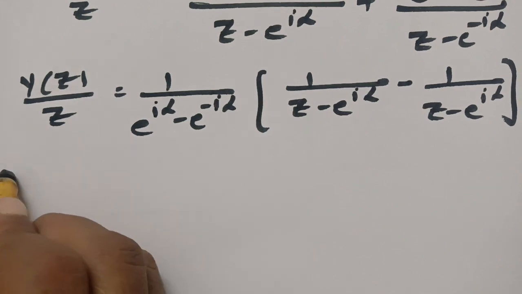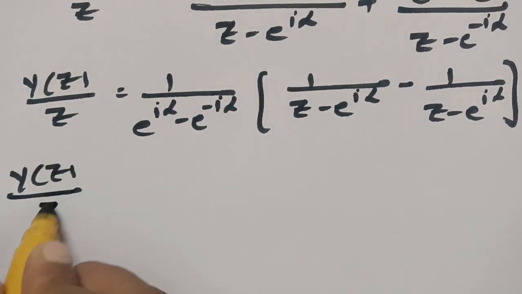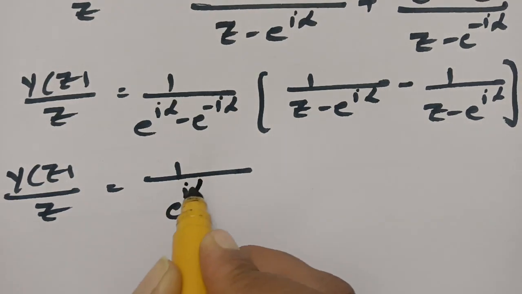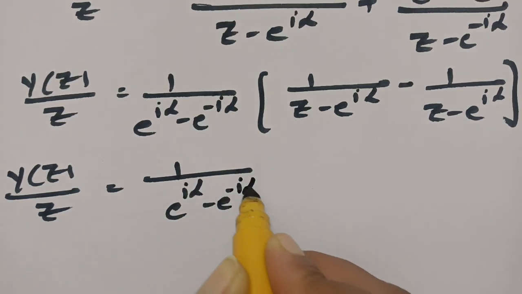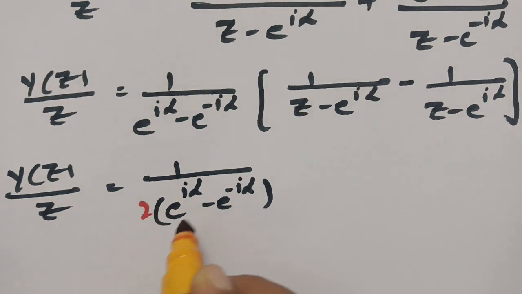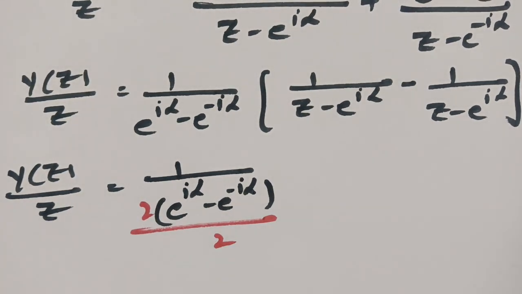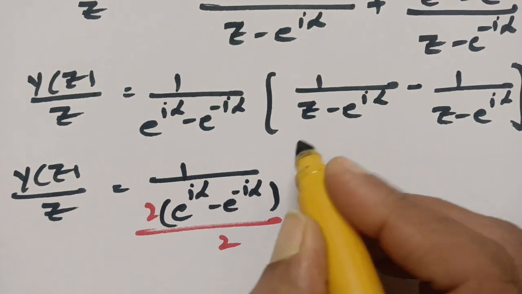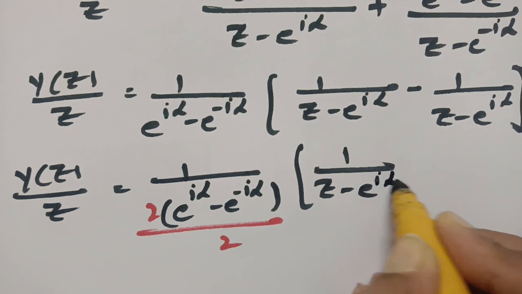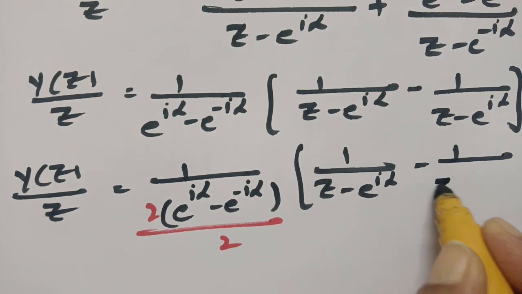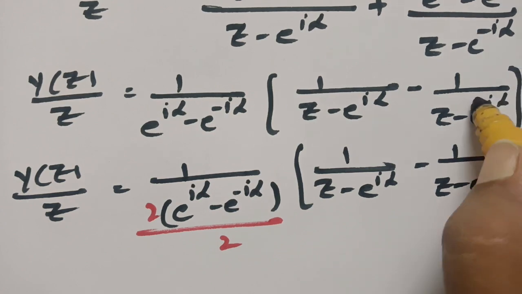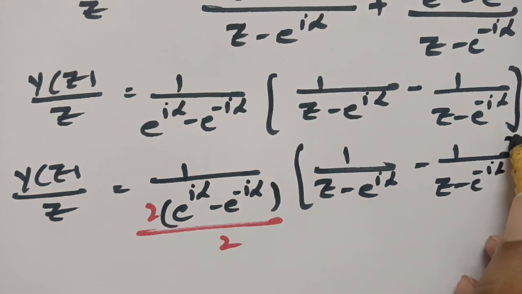So this can be written as y of z by z is equal to 1 by e power i alpha minus e power minus i alpha. If I multiply and divide by 2, see what happens, and this remains same: 1 by z minus e power i alpha minus 1 by z minus e power minus i alpha.